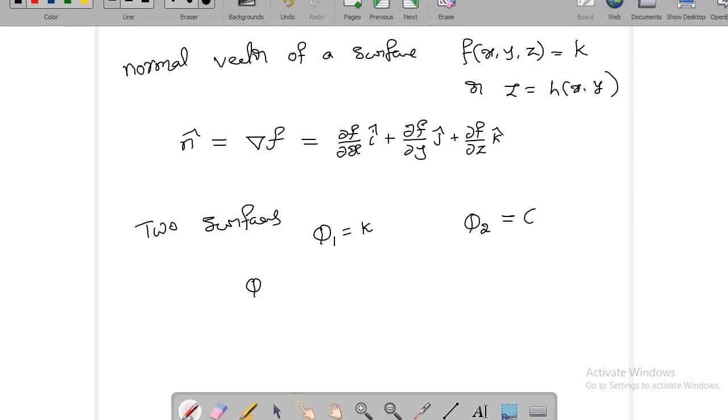Let P be the point in the intersection of phi 1 and phi 2.